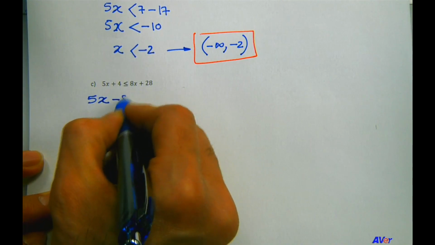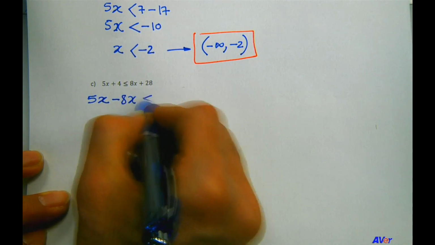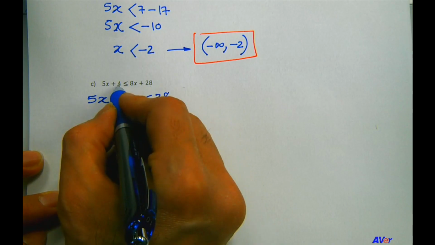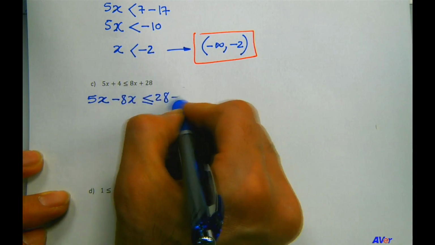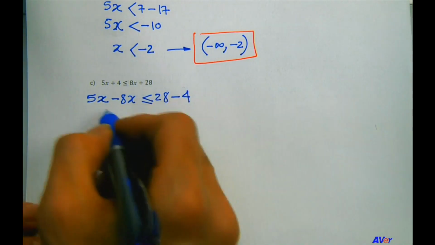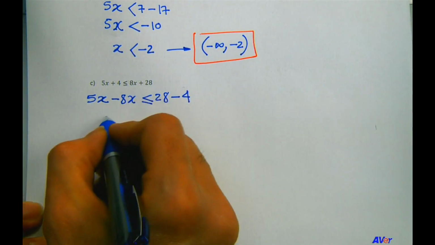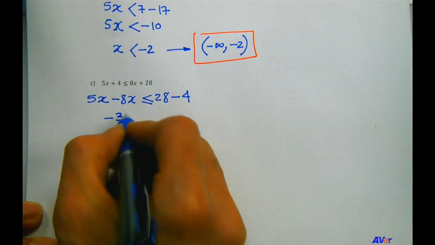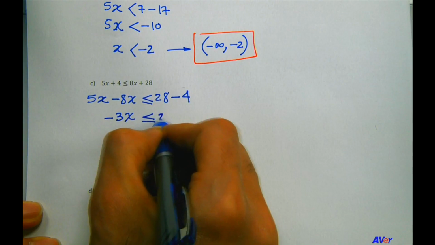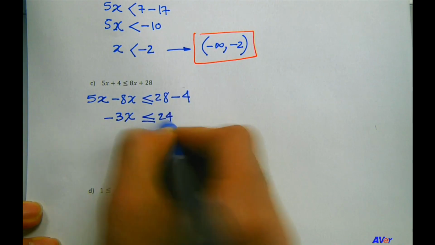That makes it negative 8x less than or equal to 28 on that side. Move the positive 4 to the other side, it becomes negative 4 as you move it. So what do we have on this side? We have minus 3x less than or equal to positive 24.